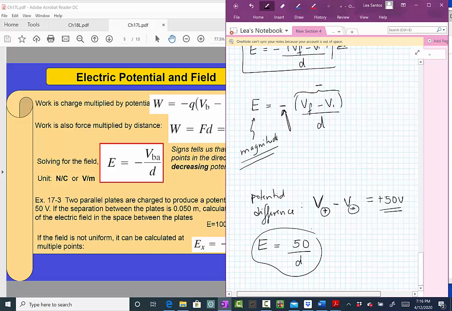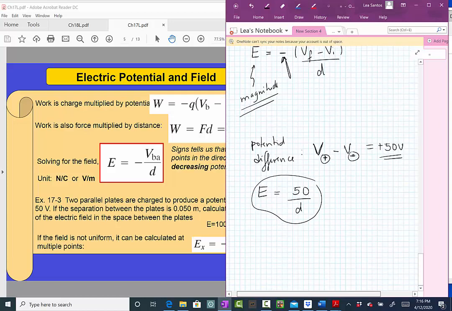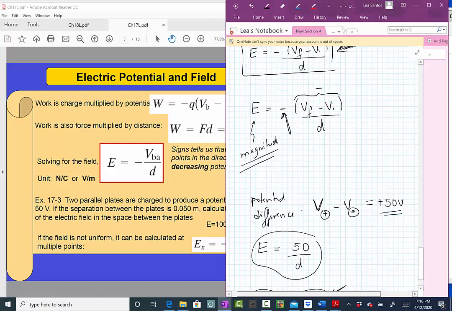This is also what happened in one of the problems of the assignment. If you look at the solution, they are just going to use electric field as the potential difference divided by D, and you see no extra sign there. This is a much easier way to think about it. We are talking about magnitude, so you don't need to worry too much about these signs.